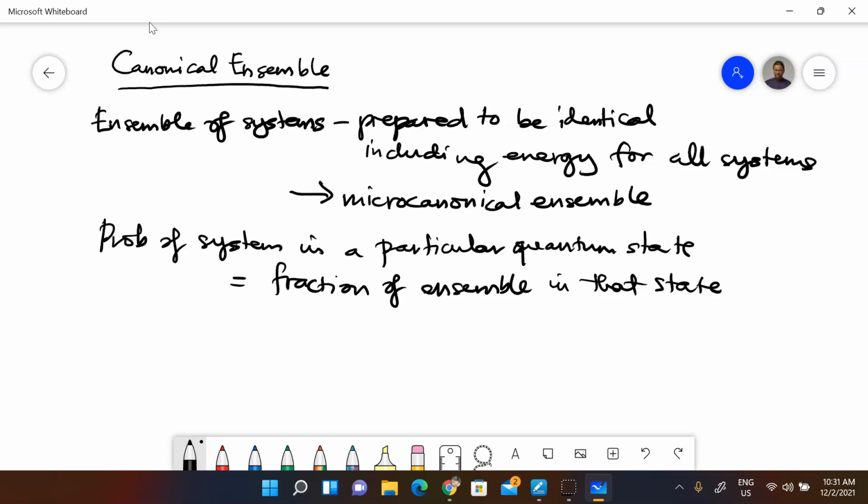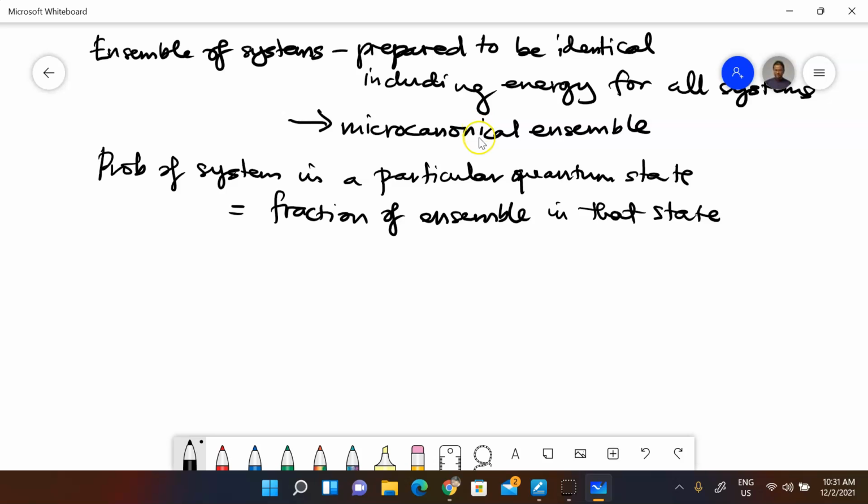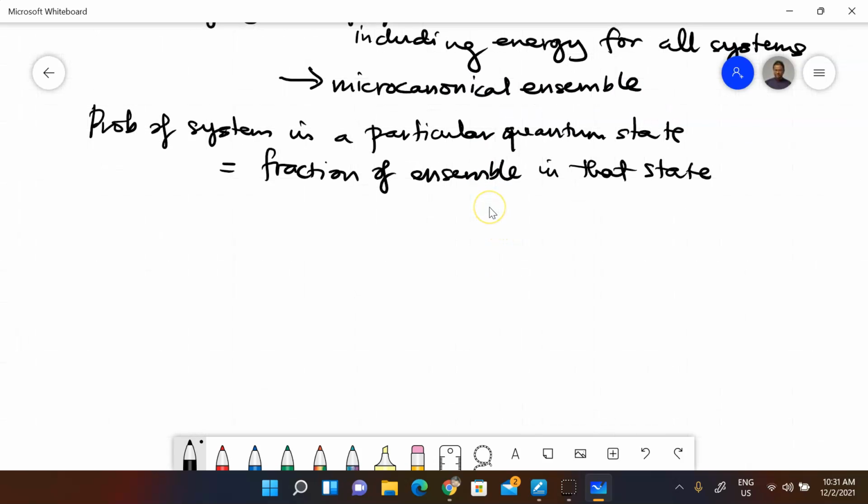Now, the idea of canonical ensemble essentially is to remove some of these constraints. Remember, our thermodynamical states can be thought of as systems.